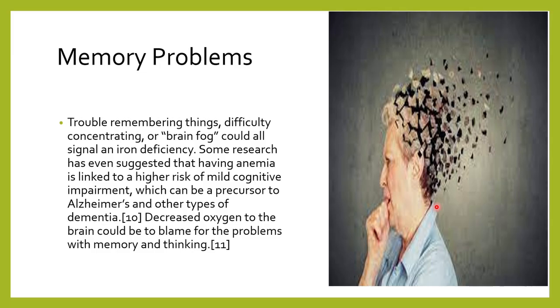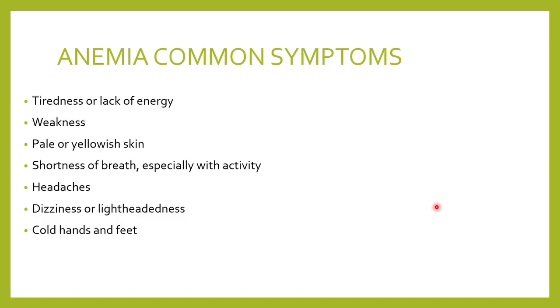Mainly all these things are happening because there is decreased oxygen supply to the brain, and there are subtle changes happening in the brain which lead to symptoms like brain fog, memory issues, focusing issues, concentration issues, etc.